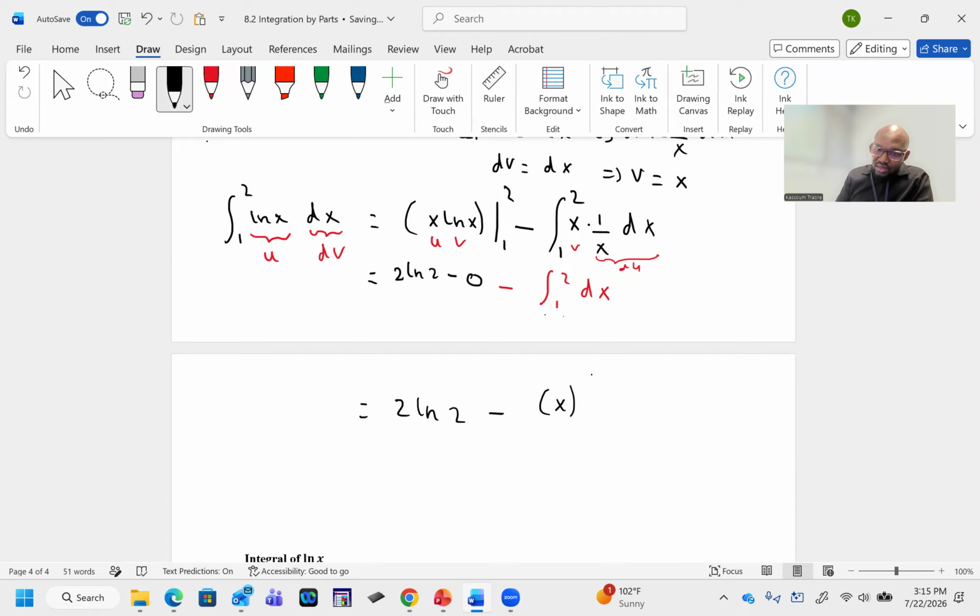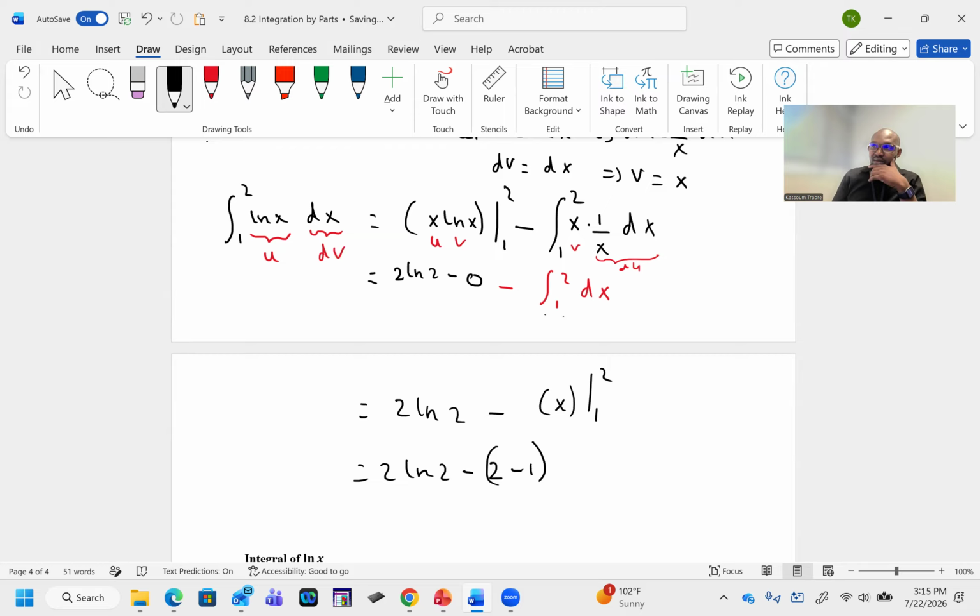Then if I substitute, I will get 2 ln of 2 minus 2 minus 1.